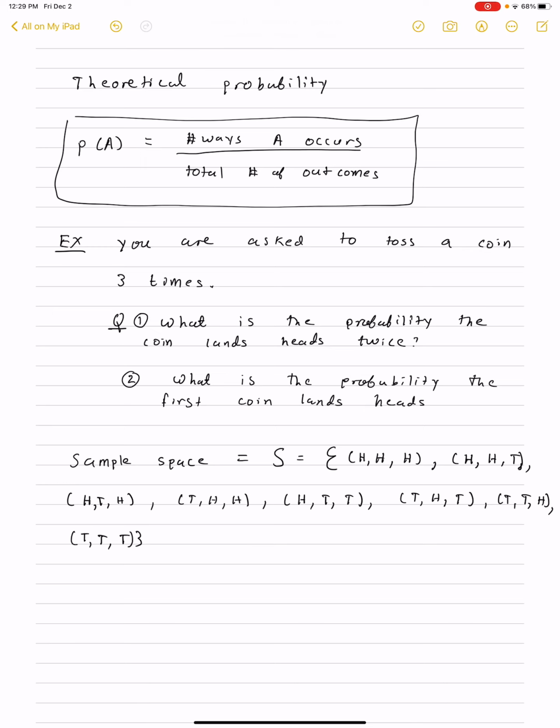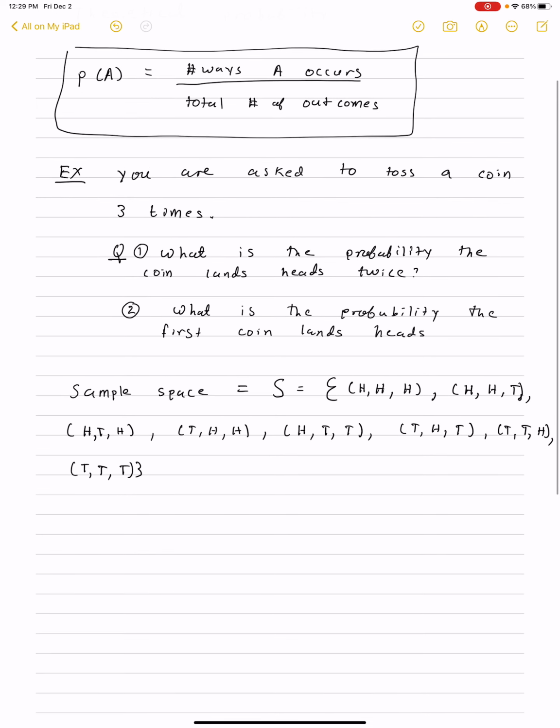The total number of outcomes for this experiment, well, let's just count. 1, 2, 3, 4, 5, 6, 7, 8. So you should have counted 8. We could count and enumerate all the possible outcomes, or we could use the general counting principle.